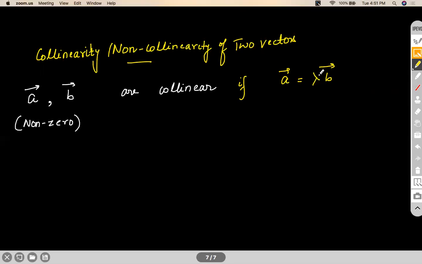One can be expressed as a scalar times the other. This is the simplest way to figure out whether two vectors are collinear or not.